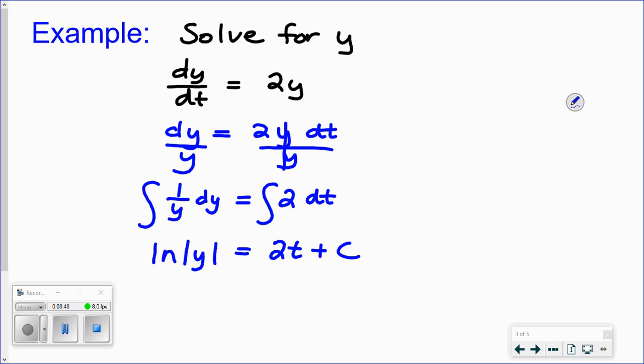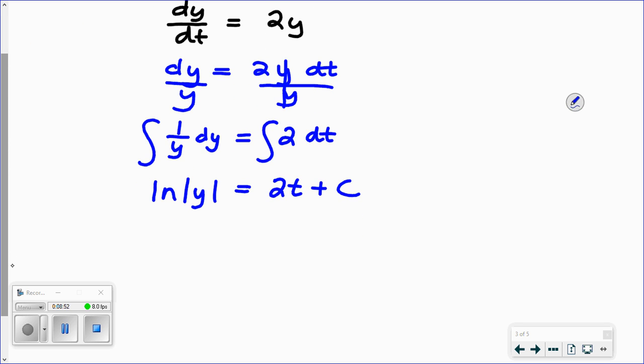Remember, natural log is base e. So to convert this to exponential form, or you could also exponentiate each side, however you want to look at it, if you convert it to exponential form, it would become y equals e to the 2t plus c power.